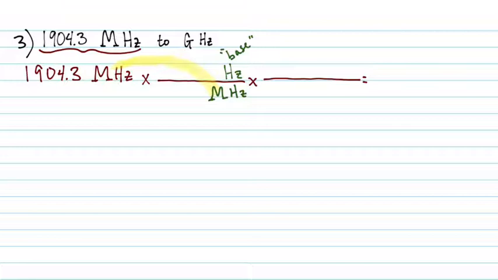Okay, we can follow the same pattern again. Now we've got hertz up top, so downstairs, that imaginary line. Camden, what should I put downstairs on the last conversion factor? Good job, yeah, hertz.